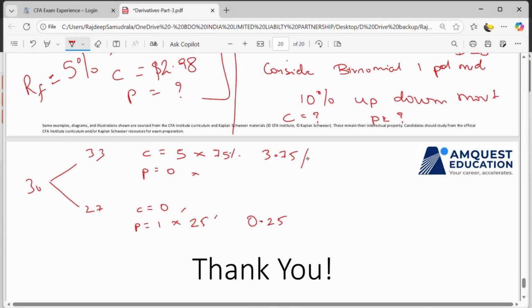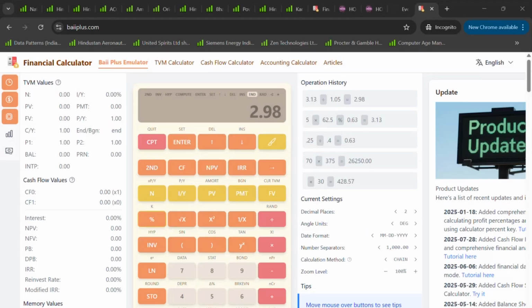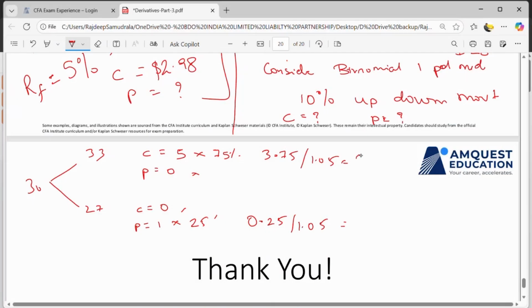So this divided by 1.05 and this divided by 1.05. See how easy it is. It takes hardly a minute. In the exam, you should take exactly 1 minute. So this comes to 3.57 and this comes to 0.24.